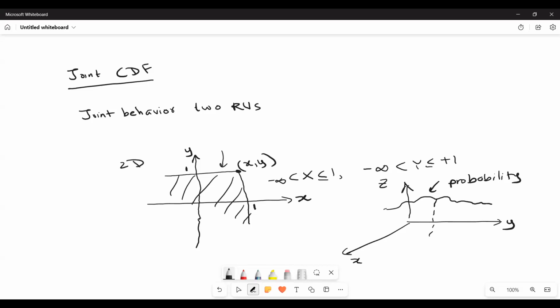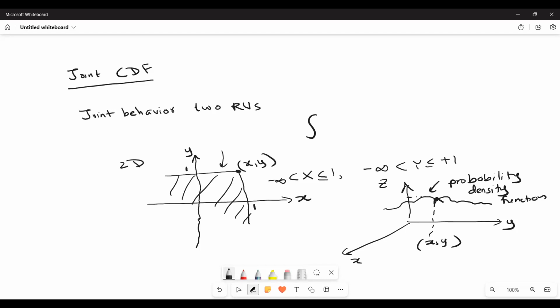For a certain instance where we have both the effect of x and y, we can find the relevant probability using this function, and it will be given by the z-axis value. We can find the probability value using integration, and we can define the probability density function using integration.